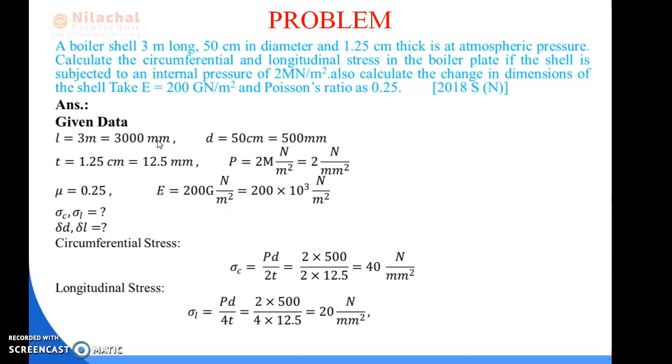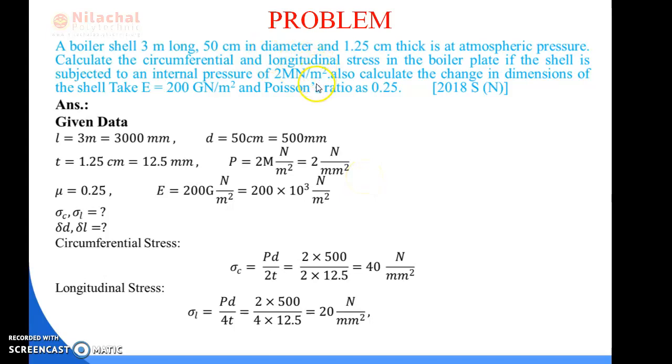Also calculate the change in dimensions of the shell. Take E as 200 giganewton per meter square, Poisson's ratio as 0.25. It is a question asked in the diploma semester examination in summer 2018 for the new syllabus.